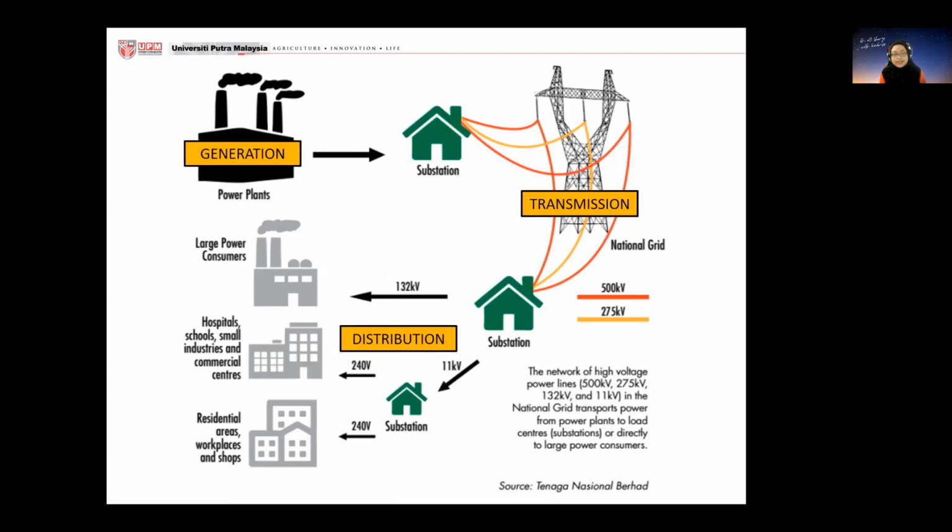The only difference is the voltage that is being transferred, the phase, and also the frequency sometimes. So you have to remember, in a power system, there are always going to be these three different components, plus 1, which is the load or the users.